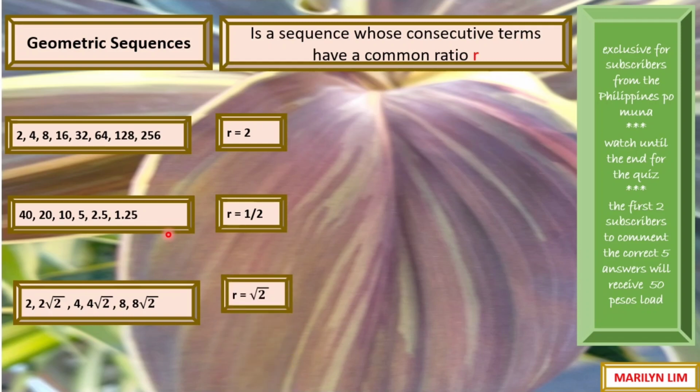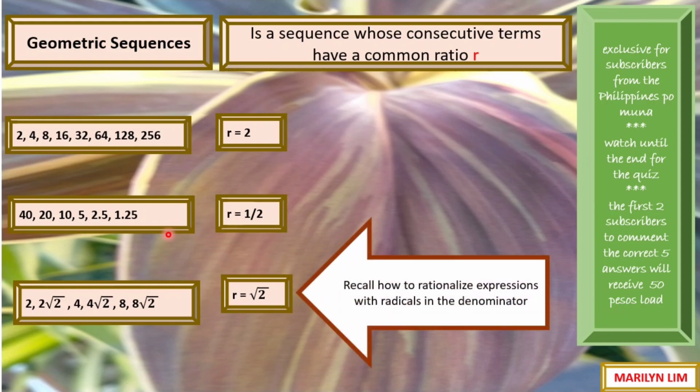Let's see, how do we find r? Square root of 2. You have to recall how to rationalize expressions with a radical in the denominator. Just look at that, 2 square root of 2. How do you rationalize that one? You divide that by square root of 2 to rationalize the expressions with radicals in the denominator.